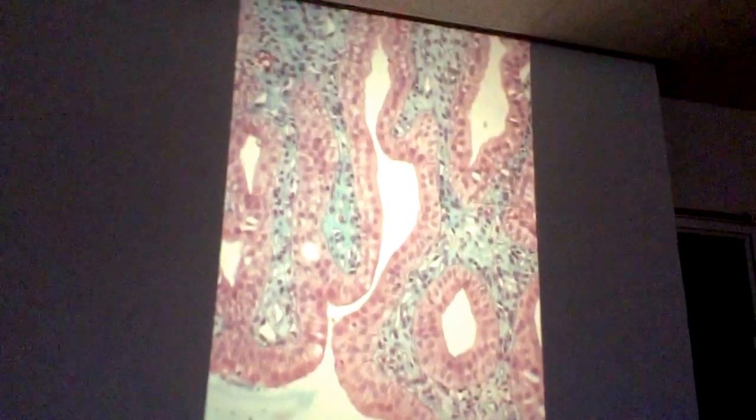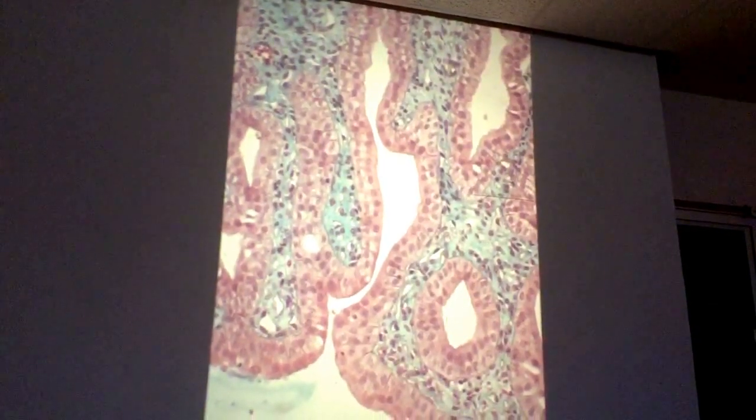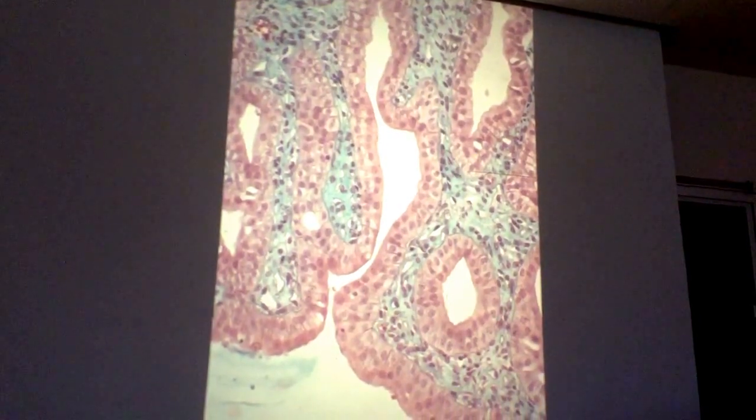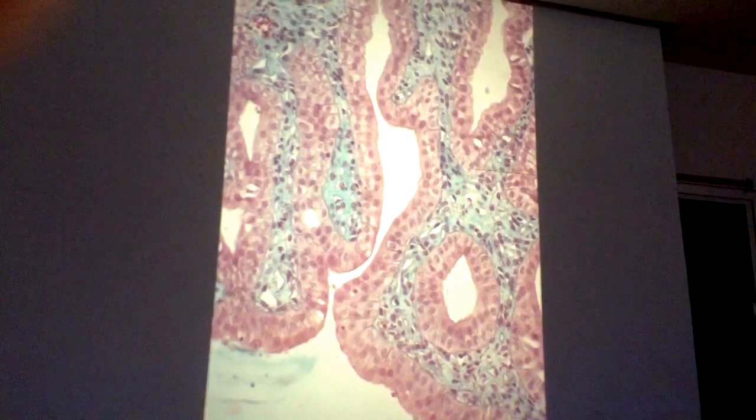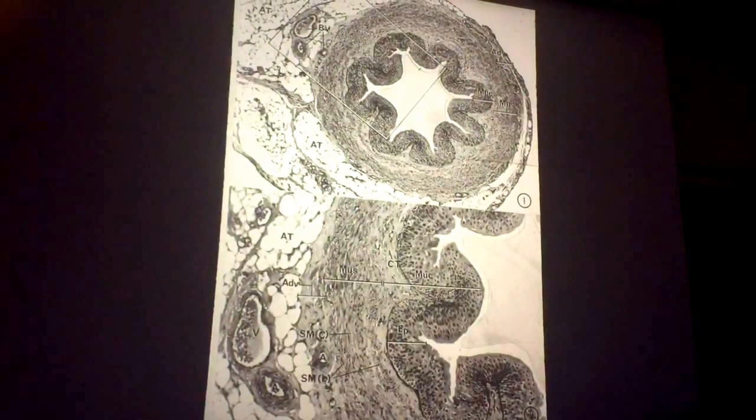Okay, and how about this? This was up on demonstration. If we went up further, we'd find the collecting duct, and that collecting duct comes down and ends as the papillary duct of Bellini. Okay, how about this organ?